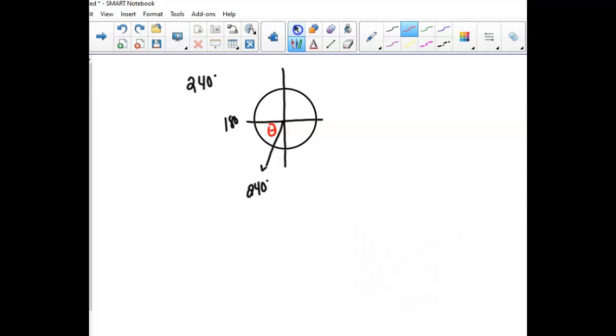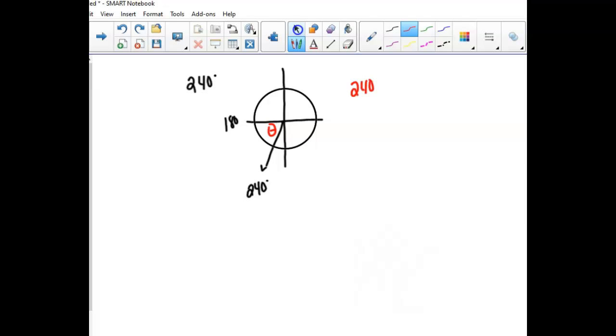Really good question, because 270 is closer than 180, but your reference angle always has to be made with the horizontal. So it's either made with 180 or it's made with 0, but you don't ever do it with 270. So closest x-axis is 180. So this time we're taking the difference between those.